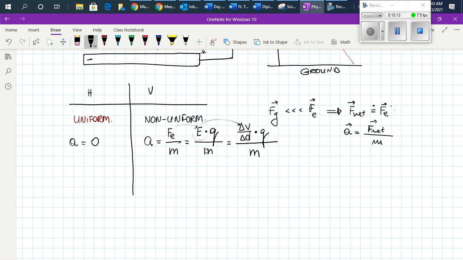Meaning, do I know what is the voltage? Yes, 120. Do I know what is the distance between the two? Yes, it is 2.50 times 10 to the power of -3. Do I know what is the charge? Yes, because you do know that the particle is an alpha particle, which is 2 elementary charges.